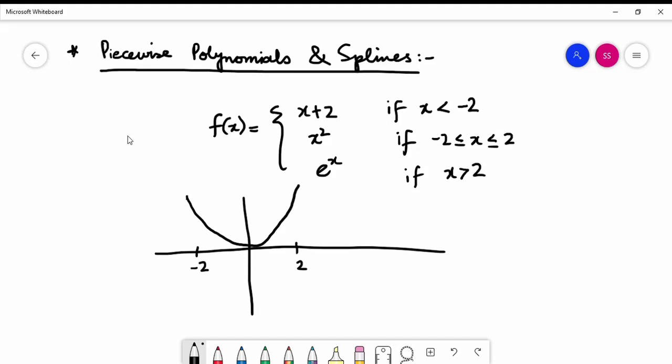And if x is greater than 2, then this is e to the power x, which is a very highly increasing function.